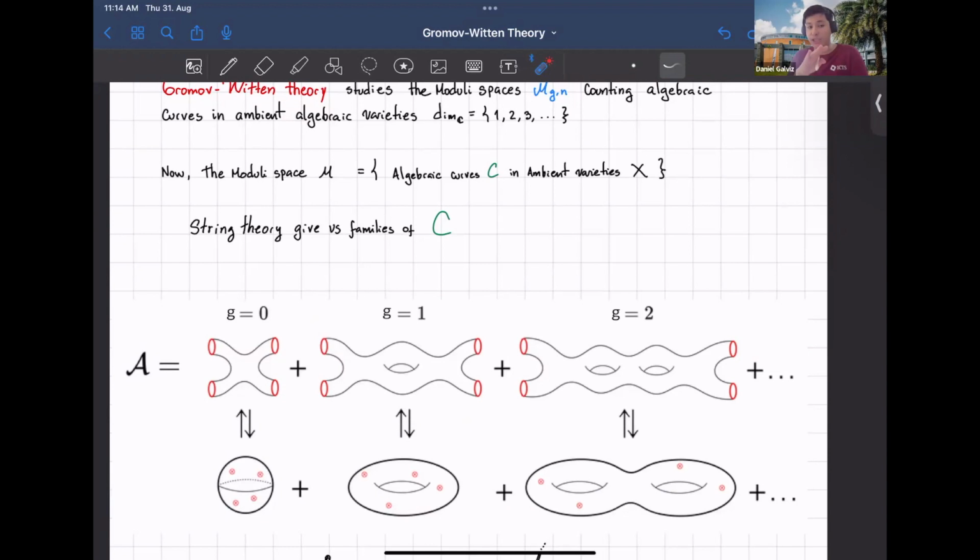So the less energetic, for example genus 0, is more likely to happen, so it will be associated with a higher number than the others, right? Each of them is smaller and smaller, and this is the idea of perturbation theory.